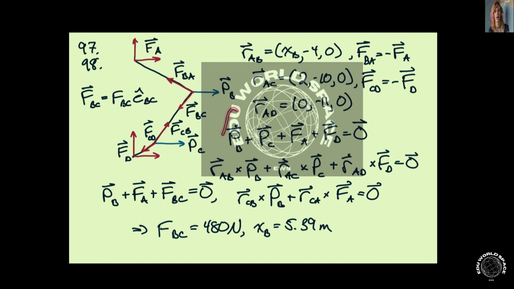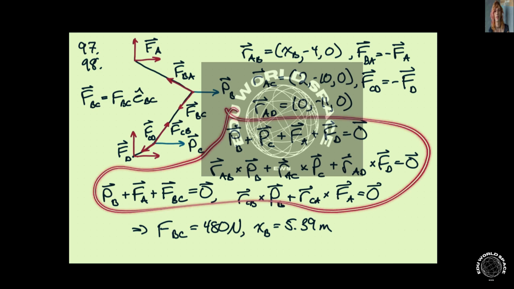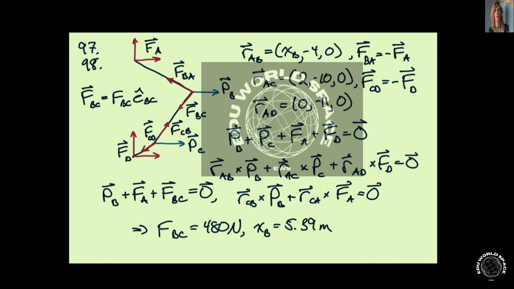solve these, we'll get 6 equations here, and we'll have unknowns for the 2 components here, the 2 components here, and then we'll have an unknown magnitude here and an unknown position XB here.